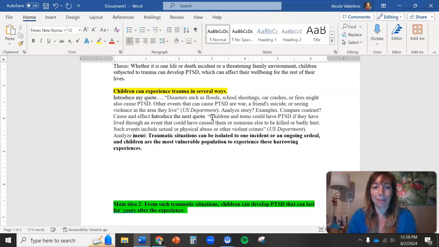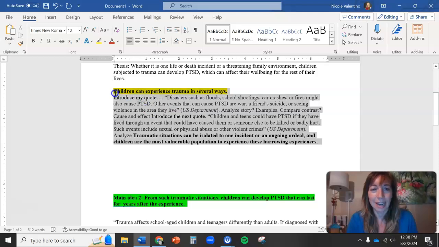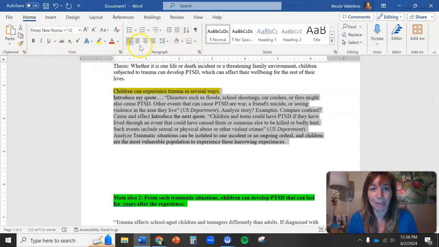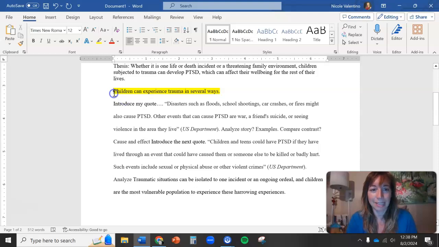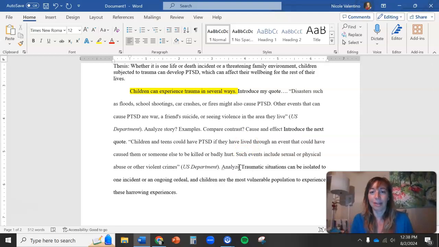Now I just get rid of the terminology that this is an outline, and I get rid of the fact that this is all in bold. I want to make sure that I am double spacing everything and that I'm indenting my paragraphs.